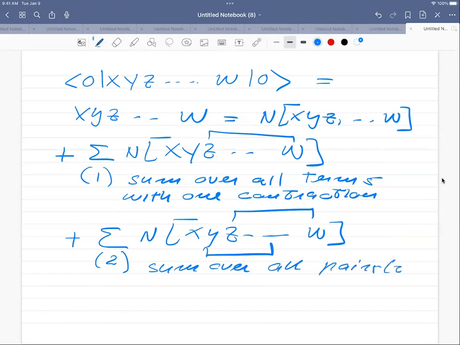So we have two sets of contractions. And this goes on up to n divided by 2, which is the number of operators divided by 2. That's all the possible sets of contractions which we can make.